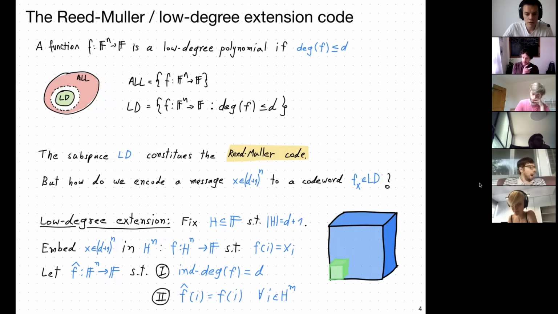Now, regarding the size of the encoding, I see the question in the chat, and it is not exponential in the domain. Well, it depends on the setting of parameters, but let me try to convince you in one setting of parameters when it is not exponential.